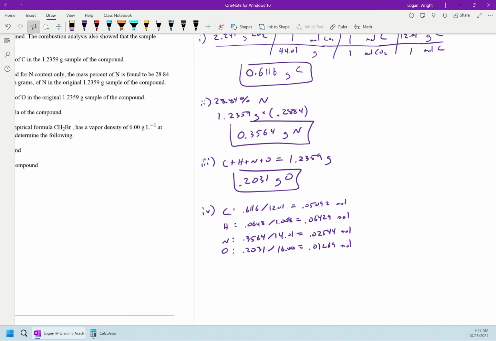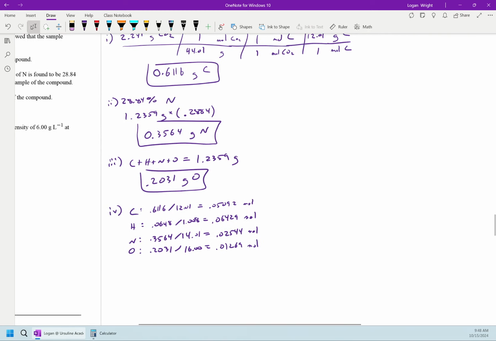We need to figure out the ratio of these particles. The way we figure out a ratio is I'm trying to convert them into whole numbers. But this is experimental data, so it's never going to be perfect whole numbers. So what we do is we need to divide by the smallest one. The smallest number in a ratio should be 1, unless it's greater than that ultimately.